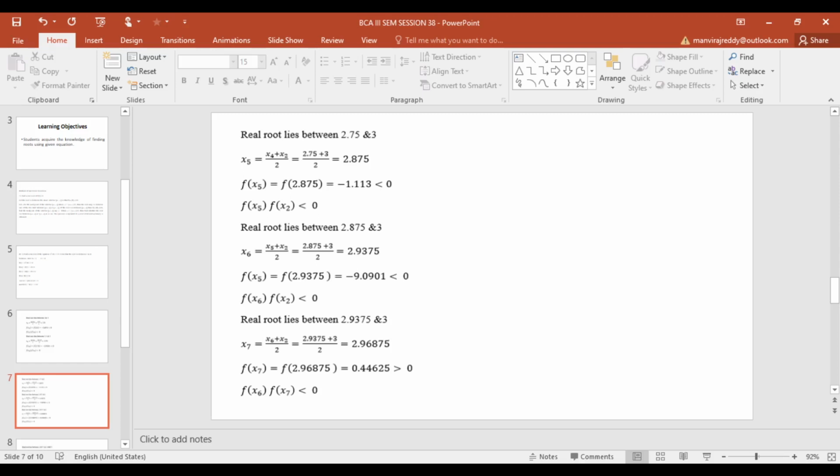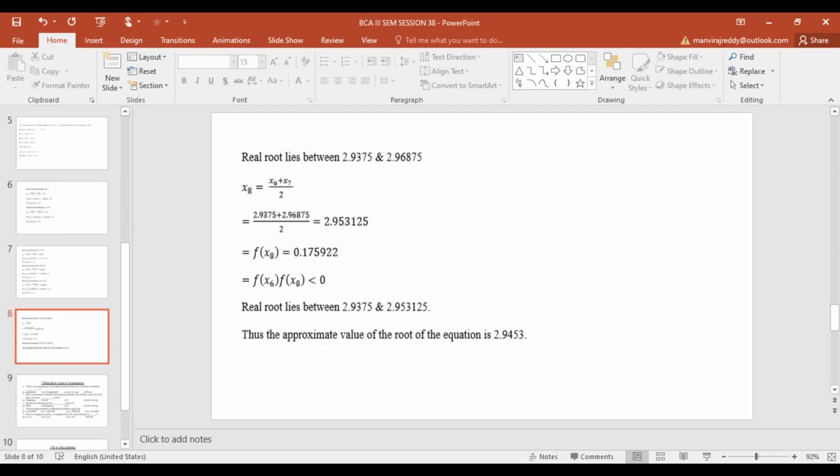So we can say the root lies in between 2.9375 and 2.96875. So one positive function value we select, and another negative function value we select. Why? Because the product of the two makes less than 0. Hence only we can say the root lies in between such two intervals.